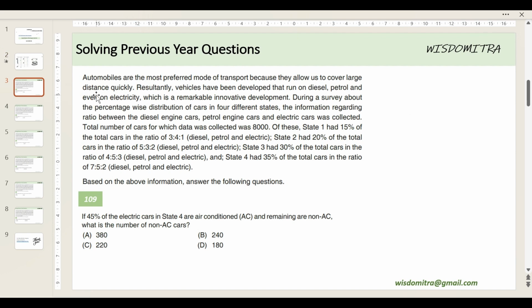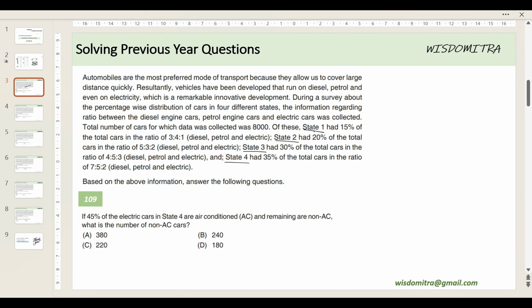If you see this set, the list of questions that followed, the set was the same, right? So, let us spend some time understanding this question before delving into answering all the questions one by one. Okay, so over here, during a survey about the percentage-wise distribution in four states, effectively four states have been provided: state 1, state 2, state 3, and state 4, right?